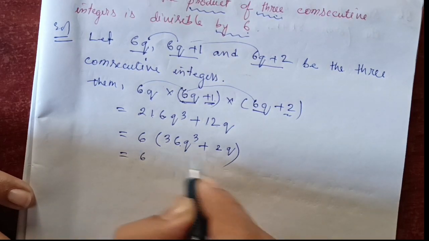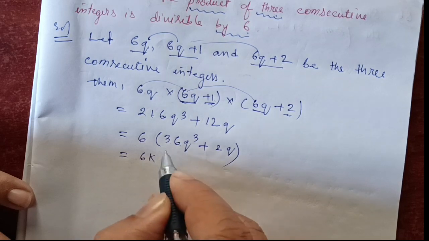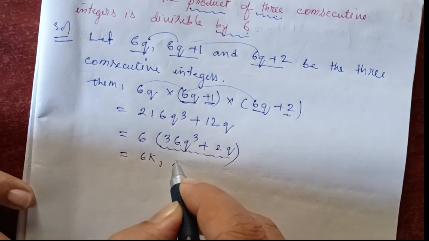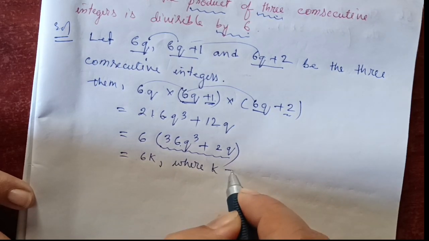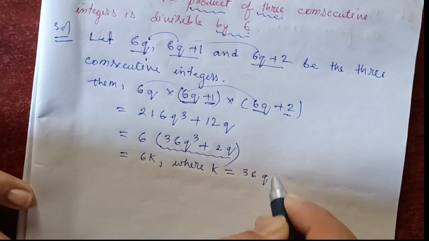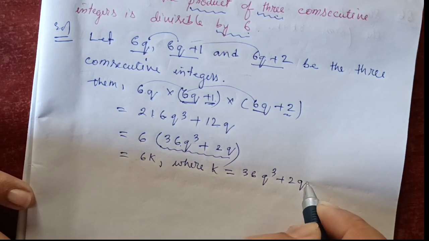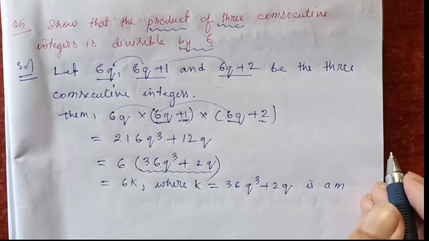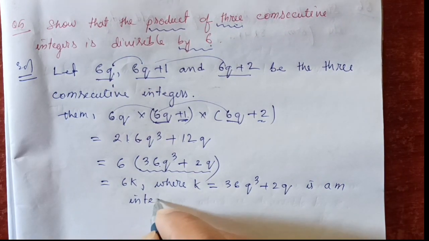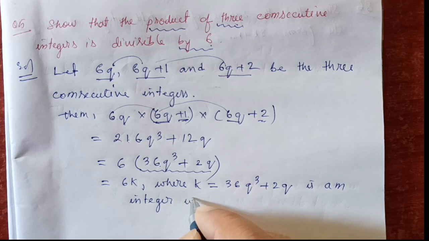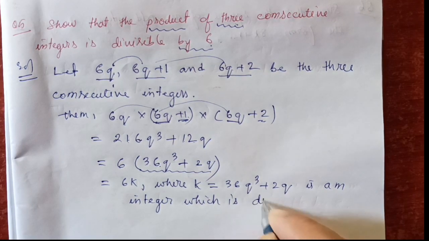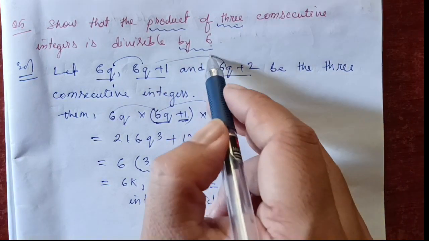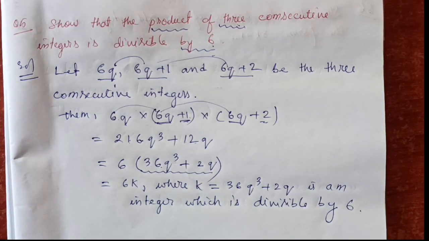I told you that these numbers should be replaced by k. All the numbers which are inside the bracket will be replaced by k, and you can show here where k equals 36q² + 2q, right? So 6q³ + 216 + 12q is an integer which is divisible by 6.